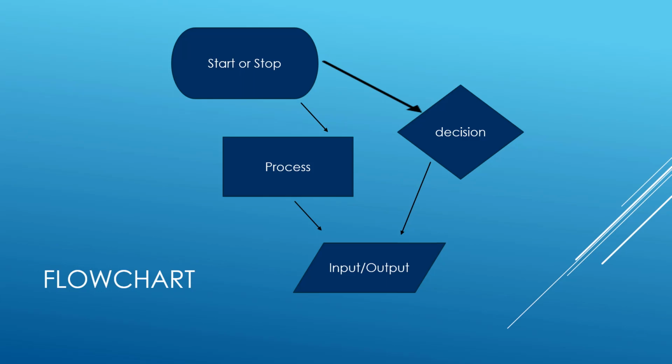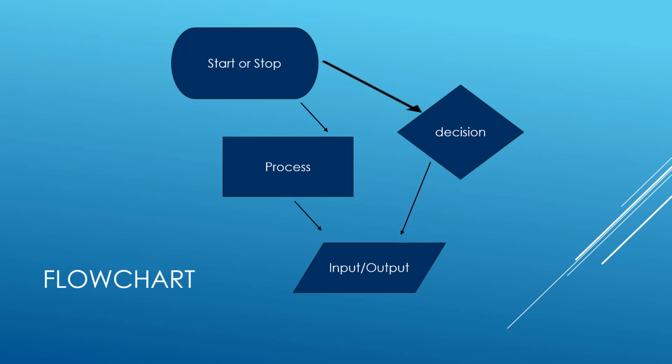Input and output has a leaning sideways rectangle, and that rectangle means we're either asking the user to answer a question, to type in input, or we want to print output to the screen. This doesn't mean that we're printing to a printer. It's a little bit more complicated than that.